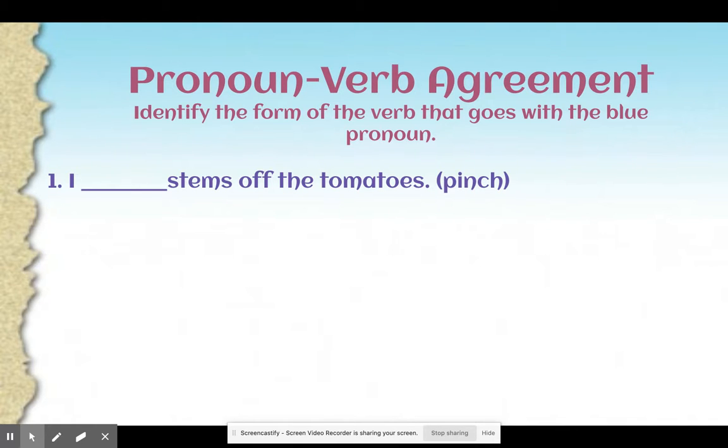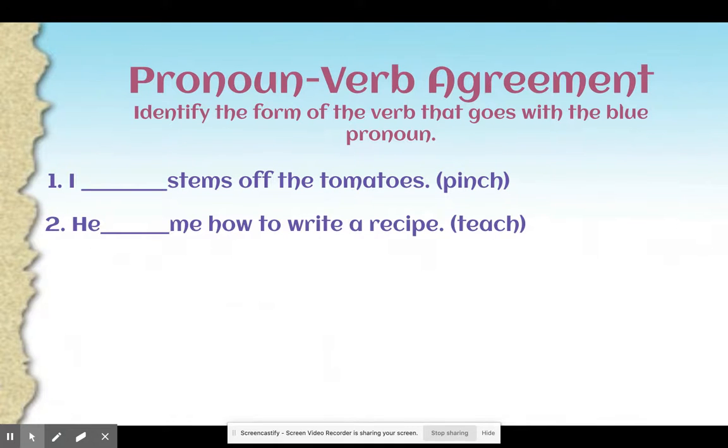Or if the verb ends in Y, you have to change the Y to I and add ES. So number 1, I blank stems off the tomatoes. You should have said, I pinch stems off the tomatoes. I is one of those exceptions where you do not add es, you leave it alone.